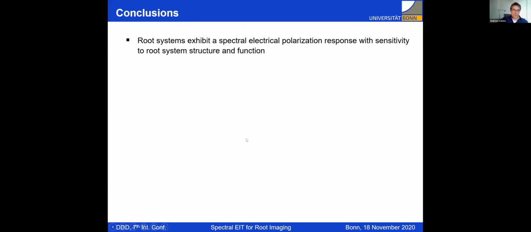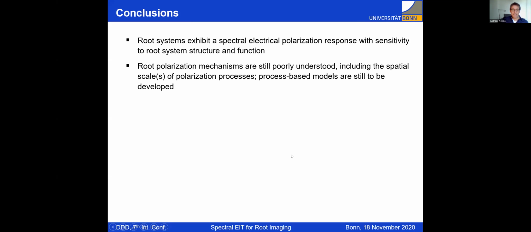Take-home message is that on top of the conduction properties of root systems, they also exhibit a spectral electrical polarization response with sensitivity to root system structure and function. And the function is actually the very promising aspect here, because methods are lacking that are sensitive to that.